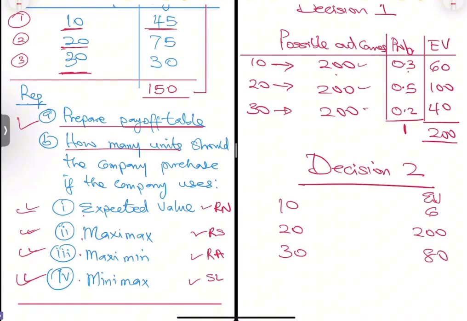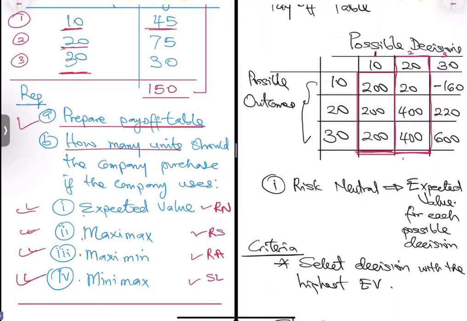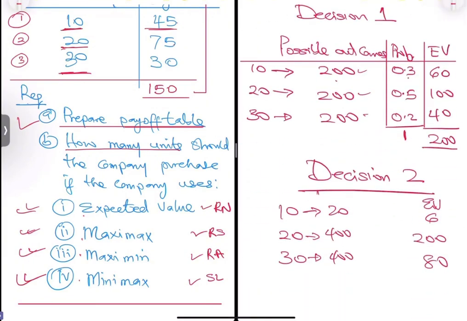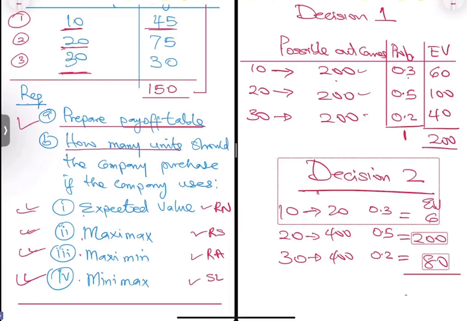So the profitability coming from those possible outcomes is 20, 400, and 400. The probability remains the same: 30% chance of selling 10 units, 50% chance of selling 20 units, and 20% chance of selling 30 units. That gives those expected values, which means your total expected value is 286.